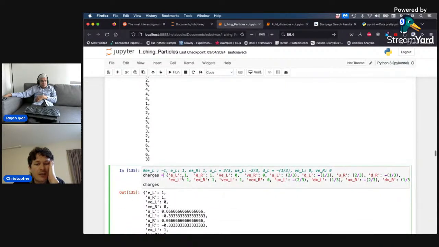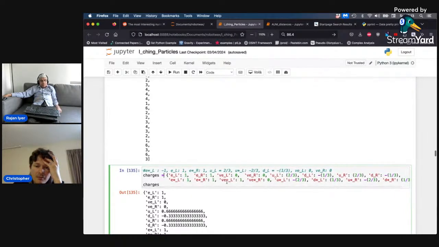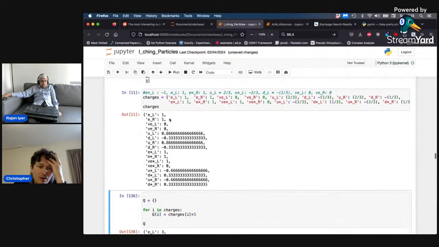So here are the charges for the fermions, left and right, and matter and antimatter. We can list those with their respective charges. Obviously the electron has charge 1.